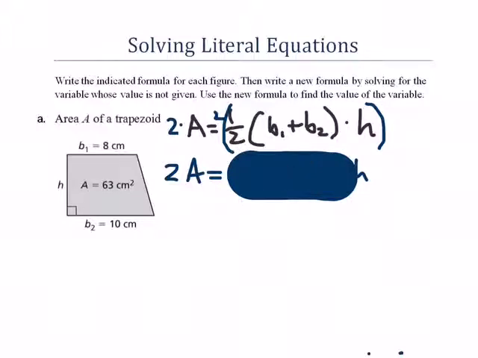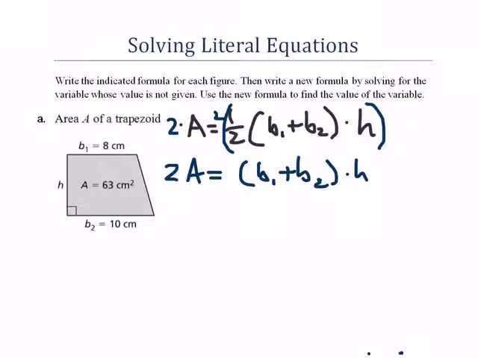Okay, well, let's back up a couple steps. So keep in mind that B1 plus B2 is just a number, whatever B1 plus B2 is worth. And so let's go ahead and divide by that number. Let's divide by B1 plus B2, and we're going to do it to both sides.